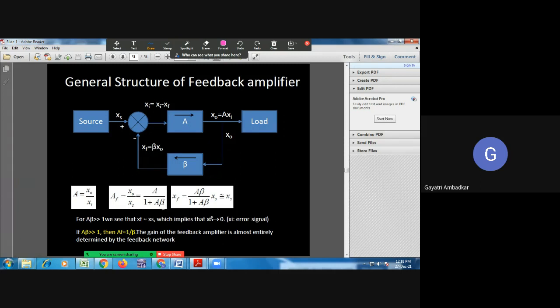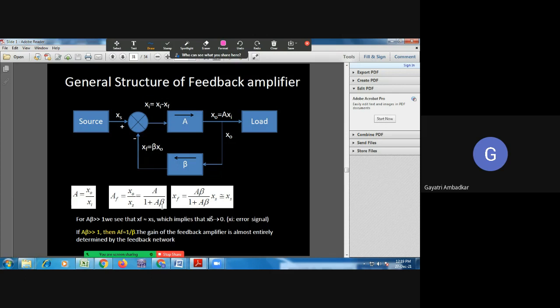So gain is less in case of negative feedback amplifier and it is very high in case of positive feedback amplifier. Are you getting the important difference? In positive feedback you get higher gain and in negative feedback you get lower gain.